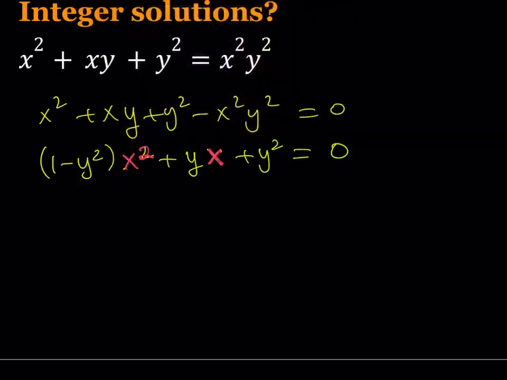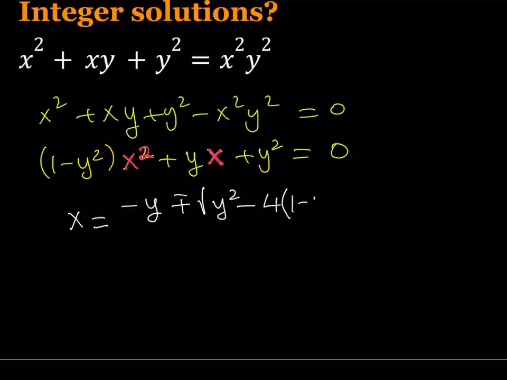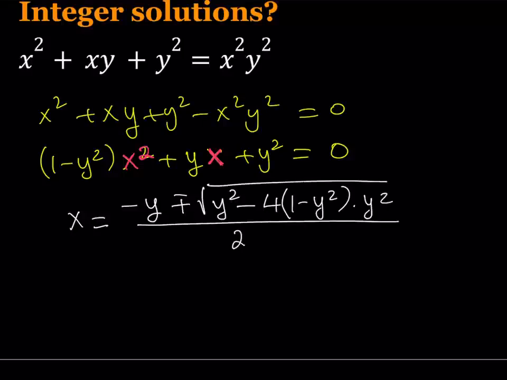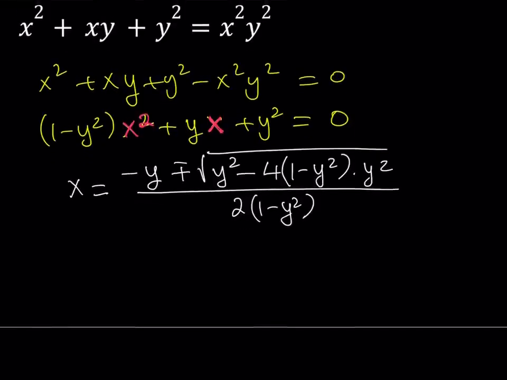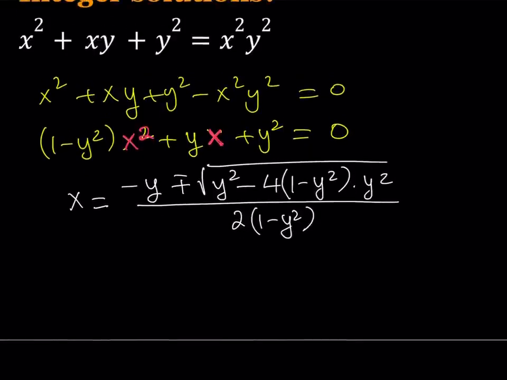All right, so I can write this as x equals negative b, which is going to be negative y, plus or minus the square root of b squared. In this case, it is y squared minus 4 times a times c. c is y squared. And then all of that is divided by 2a, which is 2 times the quantity 1 minus y squared. So remember, x and y are supposed to be integers.